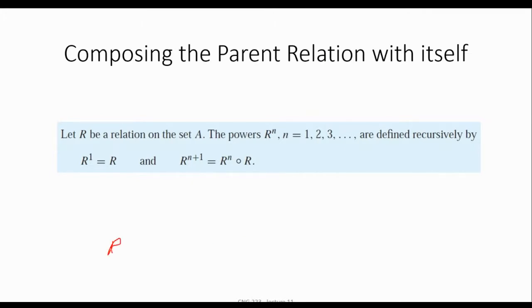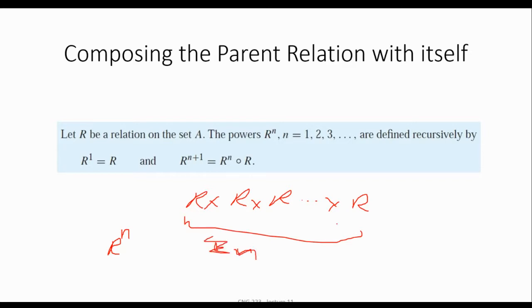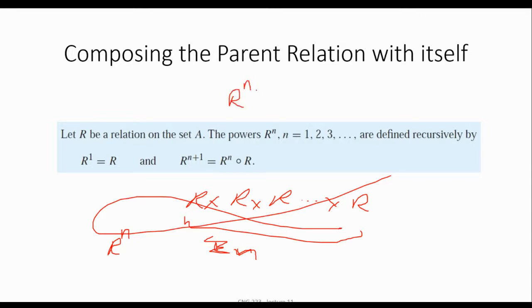So when you write a relation and you use a power for that, it doesn't mean multiplication, okay? We should be careful about it. It is not R multiplied n times. When you say R^n, it means the composition.